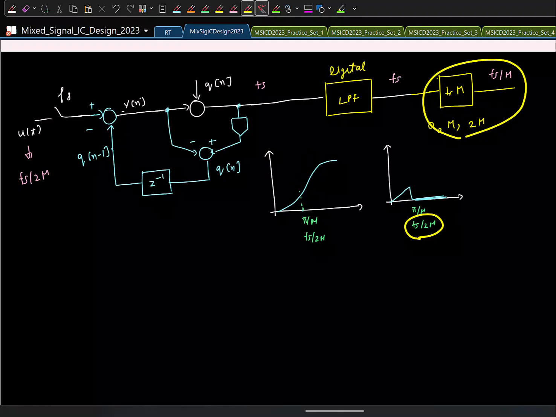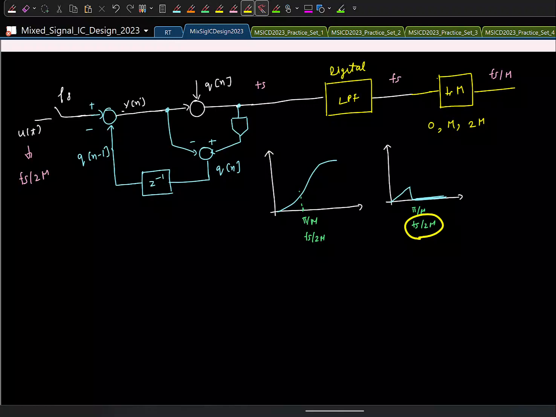Of course, I can directly take this and process it, that is also the same. But since there is no content beyond fs by 2m, it is not necessary to process this data at fs. You can bring the sampling rate down so that the succeeding digital circuits can operate at lower speed. Otherwise, in terms of performance, there is no other degradation.